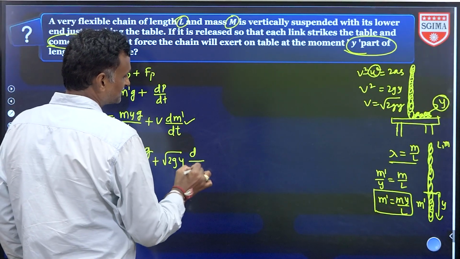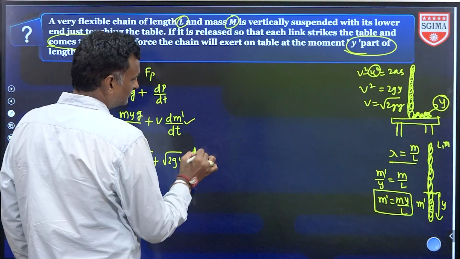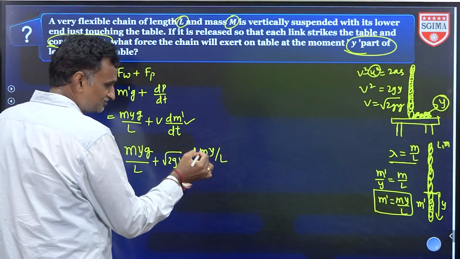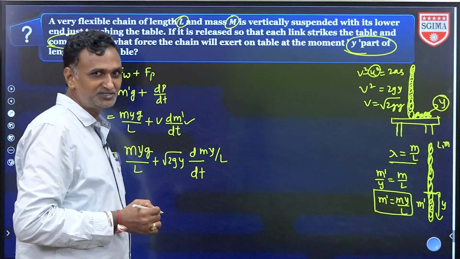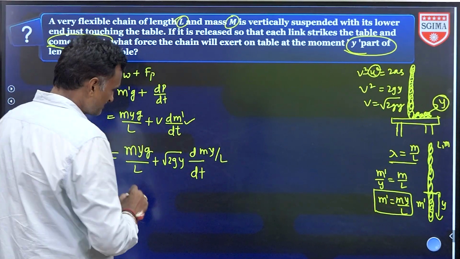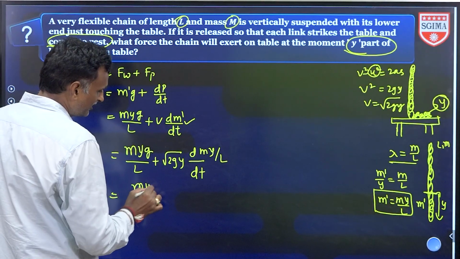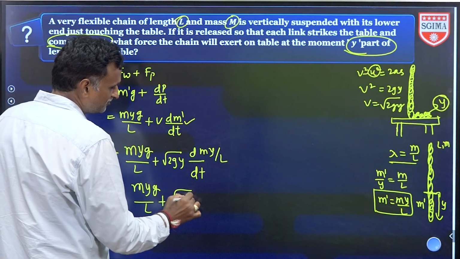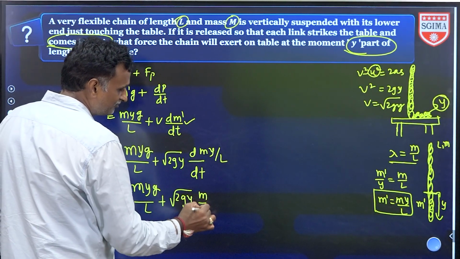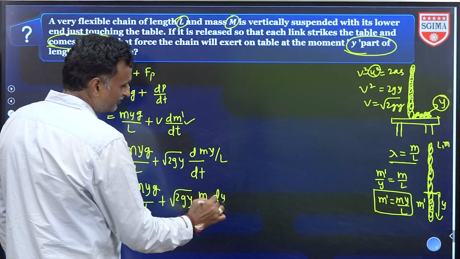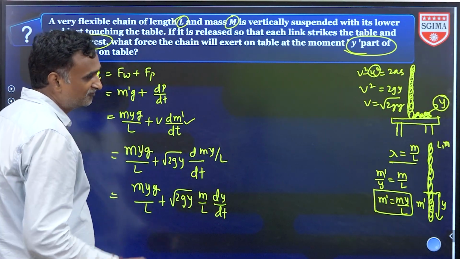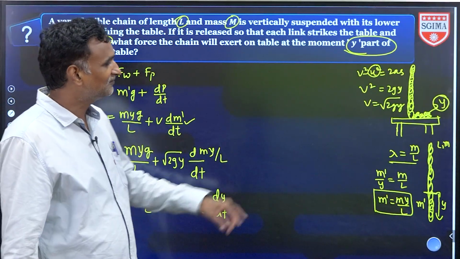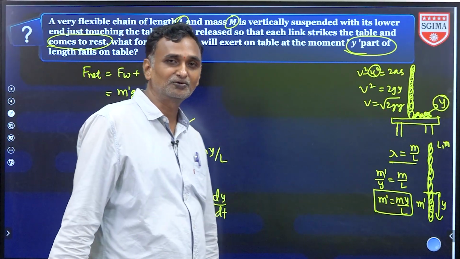So differentiating m into y by L. The total mass of the chain won't change, and the total length won't change. So m y g by L plus root 2gy, where m by L is constant, times dy by dt. From y height it is falling, so it definitely achieves some velocity v, and we already found v equals root 2gy.